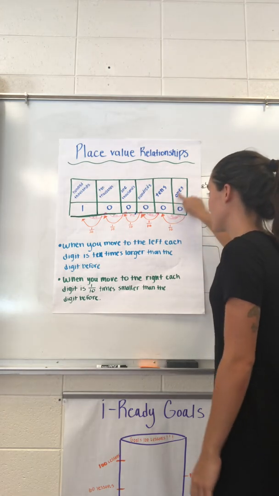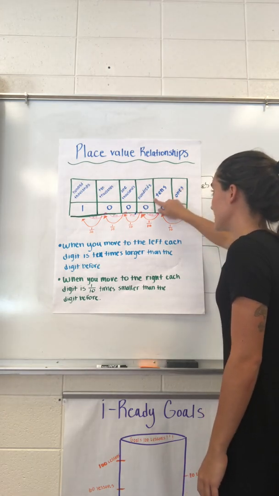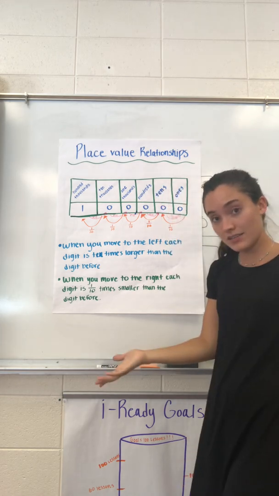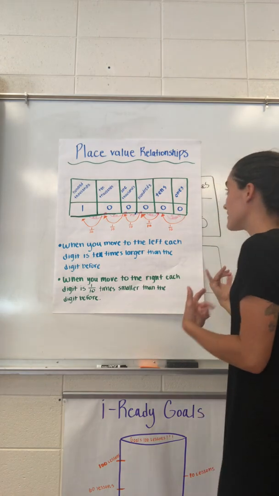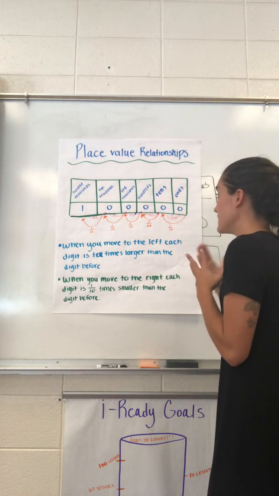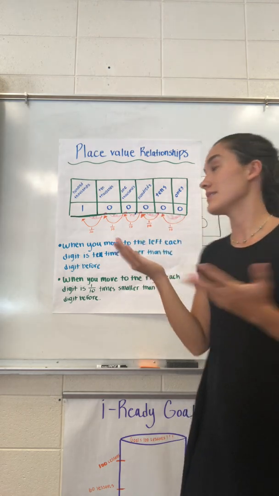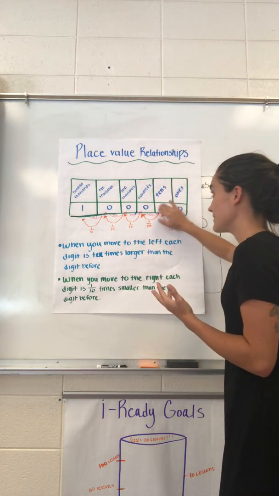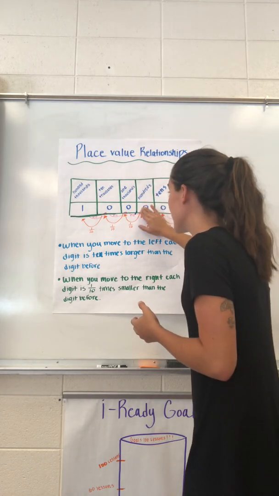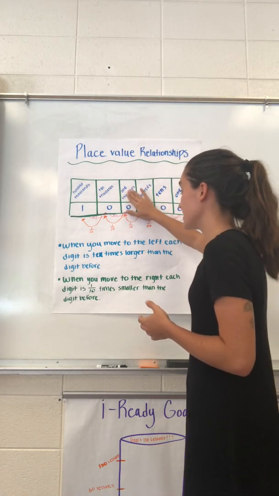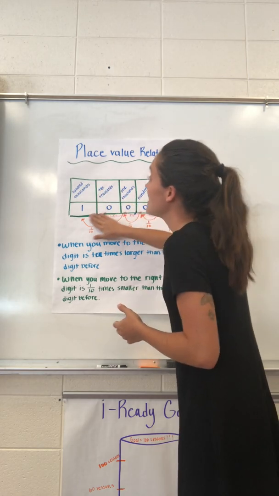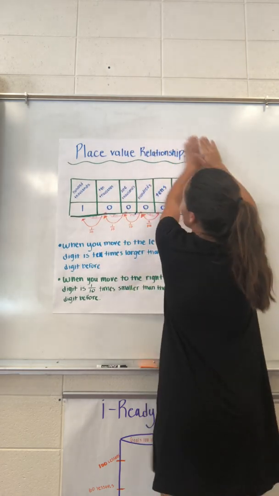Would you guys agree that the number 10 is 10 times the number 1? So 1 times 10 is 10. 10 times 10 is 100. 100 times 10 is 1,000. 1,000 times 10 is 10,000. 10,000 times 10 is 100,000.